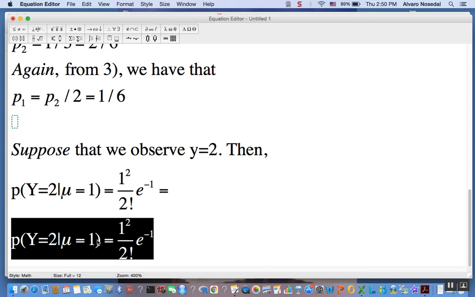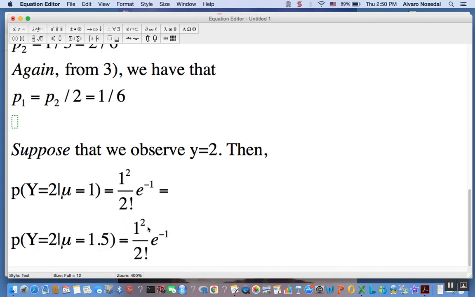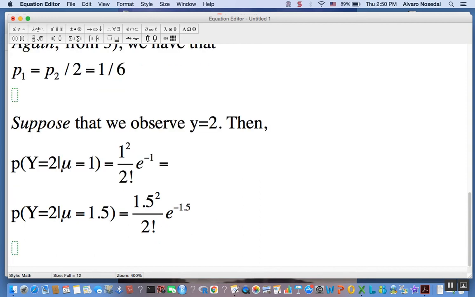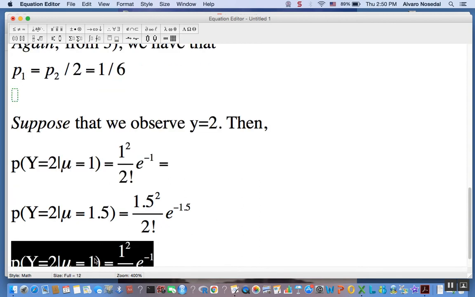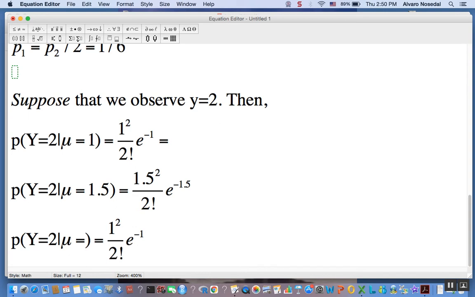So for the other value it is 1.5. So we are going to have here 1.5 and here 1.5. Y equals 2, that's the same, right? Let's do one more. So now we need 2, right?